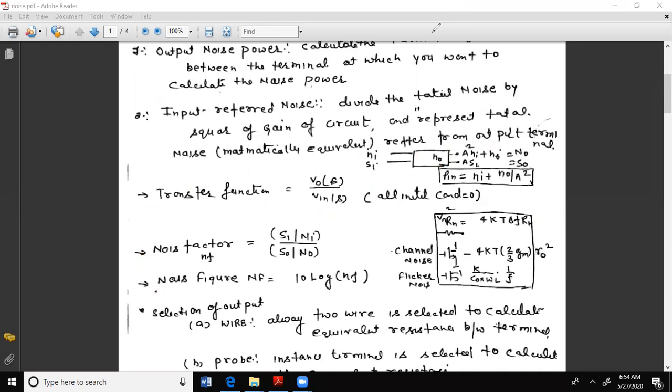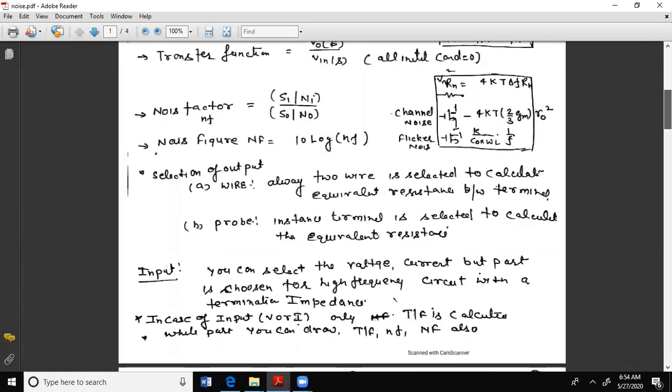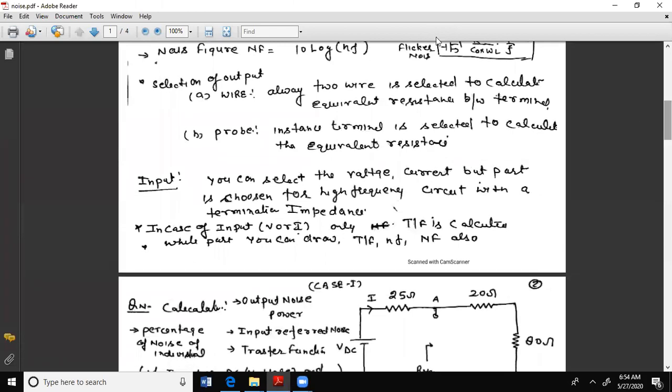Now next, when we simulate in Cadence Virtuoso and take the output in the simulation, it has the option wire and probe. So what is the significance of this?